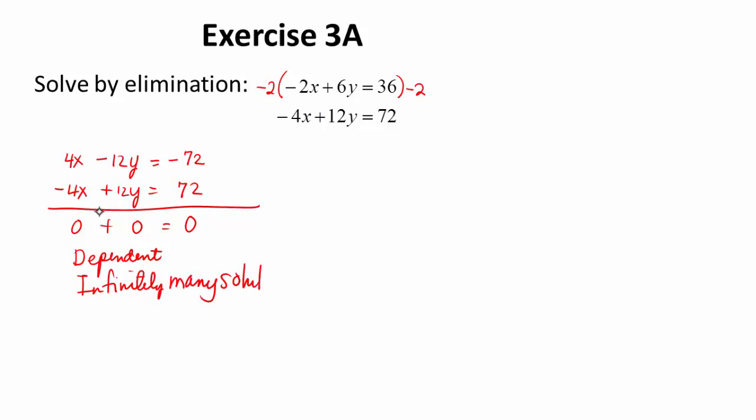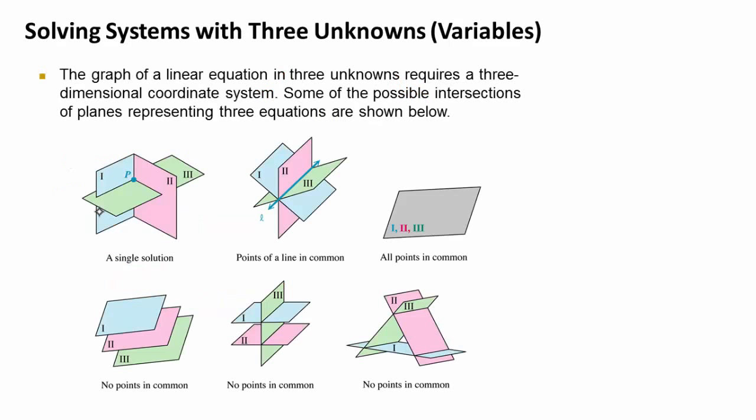So I just showed you a situation where in the previous slide you have an inconsistent system because those two lines are parallel. Here you have one and the same line. One is just a multiple of the other, so it's one and the same line. That's why you're going to have infinitely many solutions.